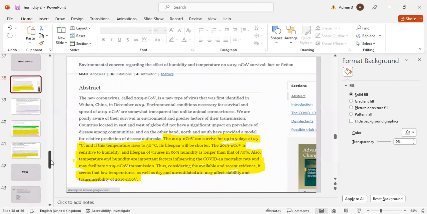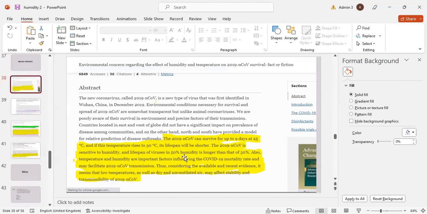Abstract of this article: environmental concern regarding the effect of humidity and temperature on COVID-19 survival, effects or fiction. COVID-19 can survive for up to 9 days at 25 degrees centigrade. If this temperature rises to 30 degrees centigrade, its lifespan will be shorter.